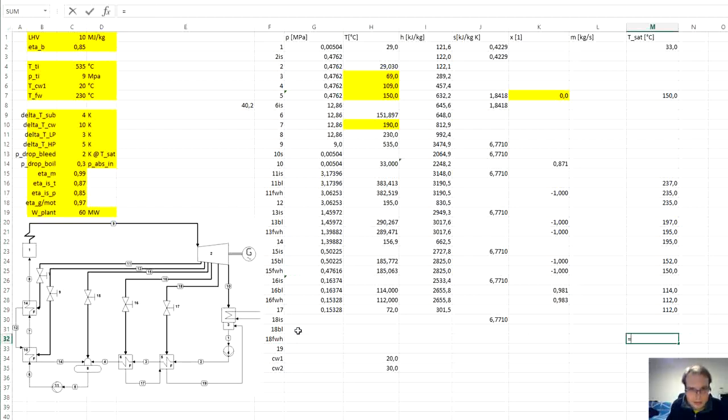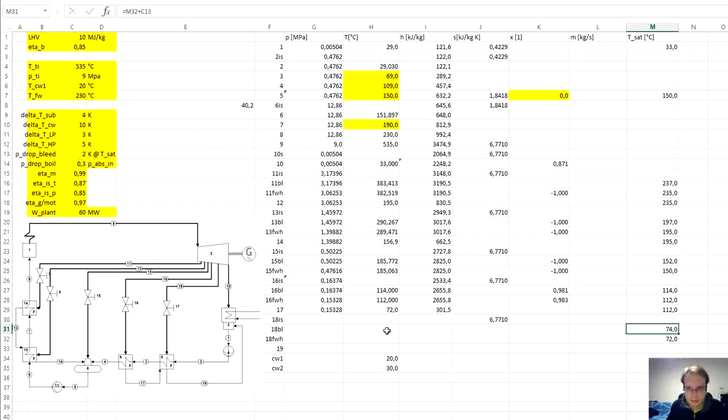The saturated temperature should be point number 3 plus the minimum temperature difference, which is 3 Kelvin. Here we have 2 degrees on saturated temperature for pressure losses.